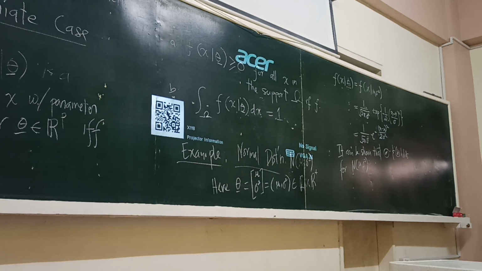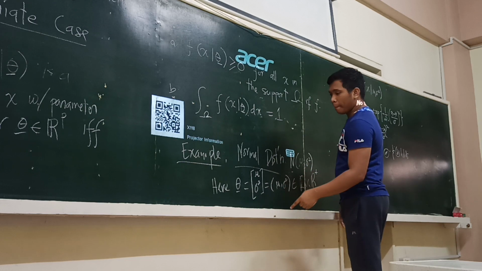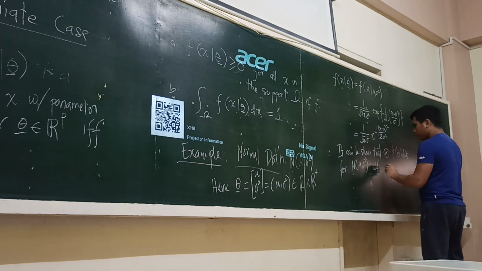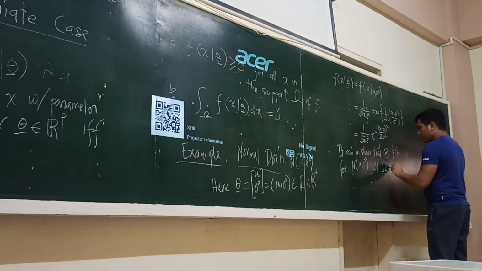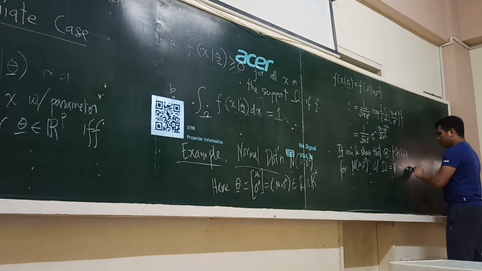So in this case, theta is this one, and our Omega is the entire R, meaning negative infinity to positive infinity.